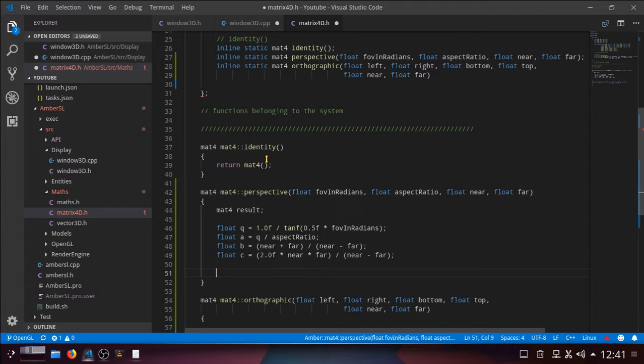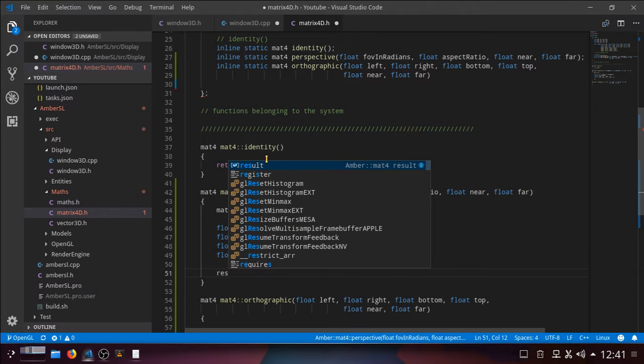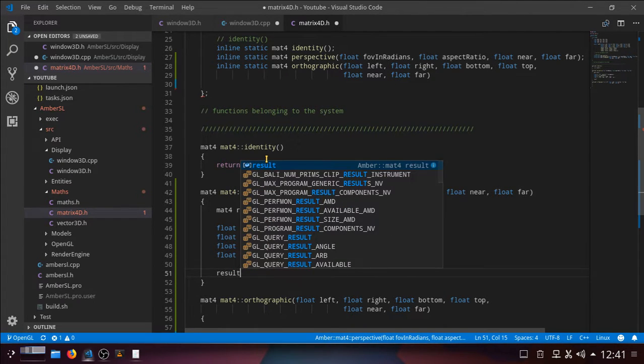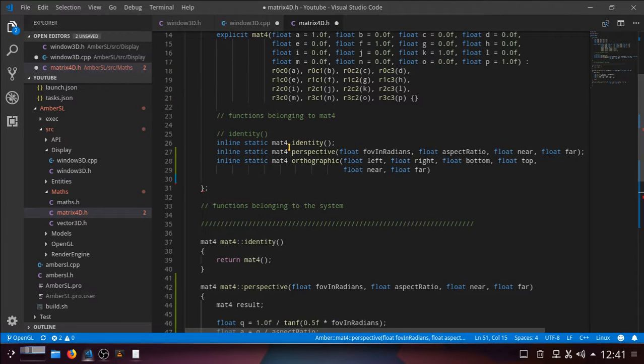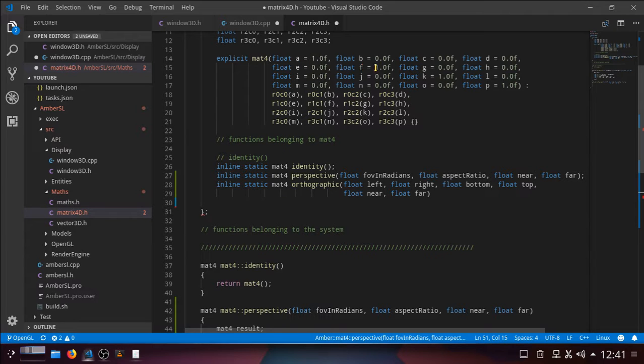And result. Here we go. Result is already the identity matrix. So it already has these as default values. So that one is going across there.